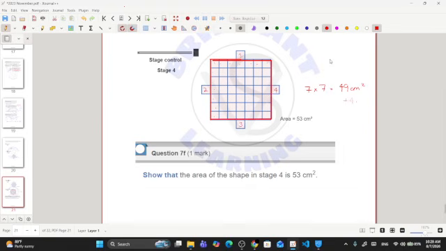So if we were to add 4 centimeters square of an area to it, that gives us an answer of 53 centimeters square.